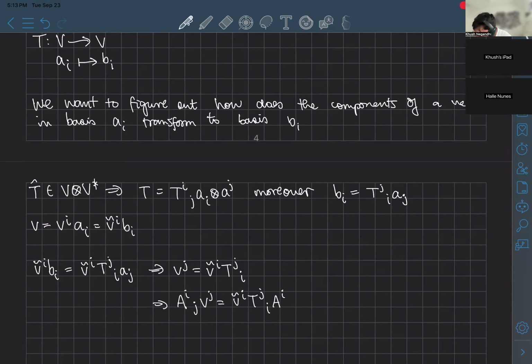And since T and A are inverse matrices, this is just matrix multiplication, so this ends us with delta_jk.